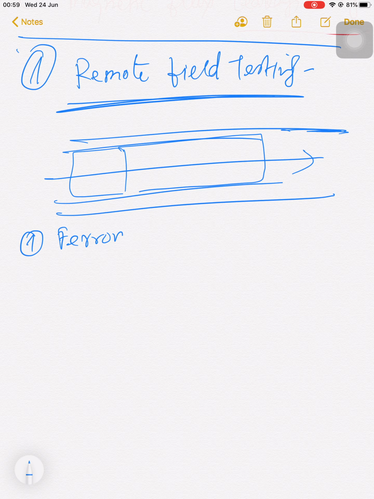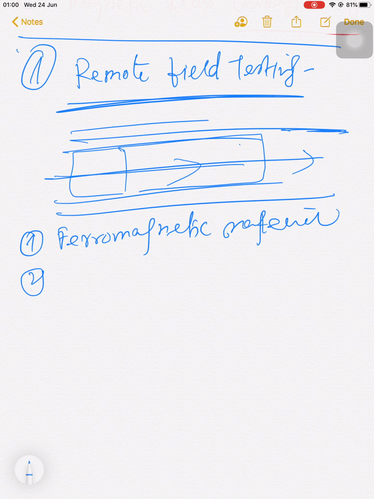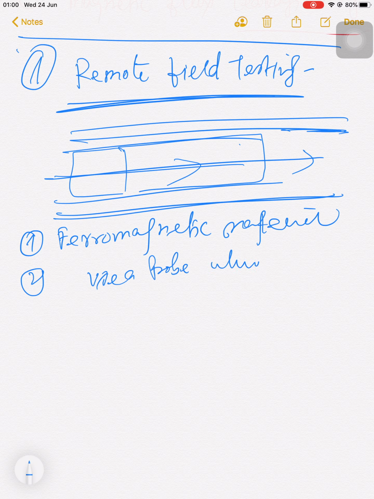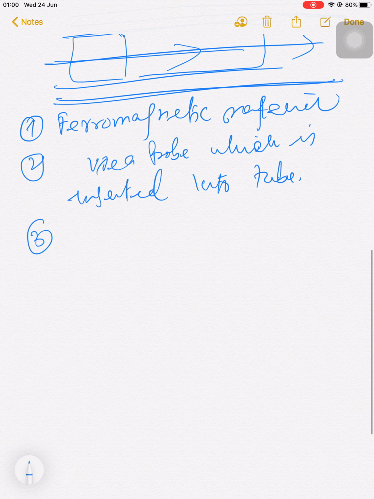It is only used for ferromagnetic material. We are using our probe inside the tube. A probe is inserted into the tube.